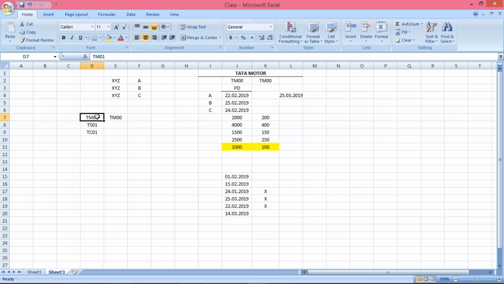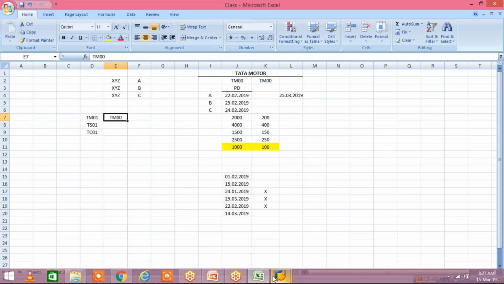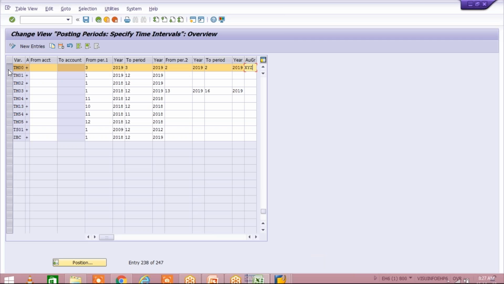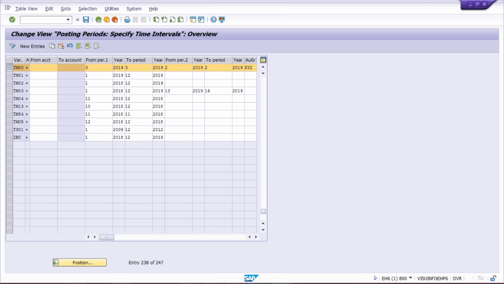So whenever you post any transaction against Tata Motor, the system is going to find which posting period variant we have linked, and again the system is going to see what is happening against TM00. Against TM00 we have opened the March period, right? Forget about these things now. March period we have opened.